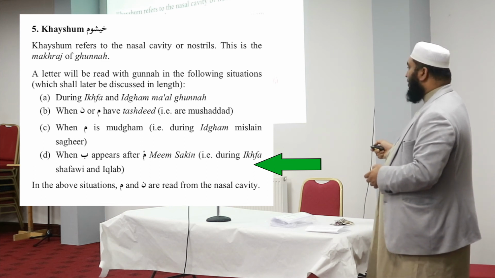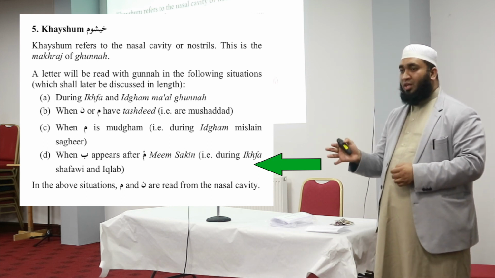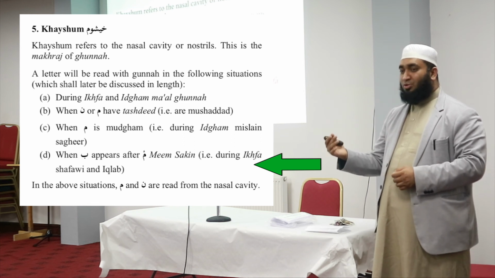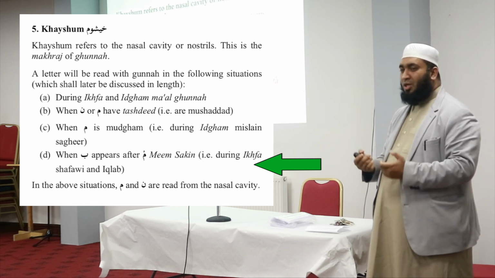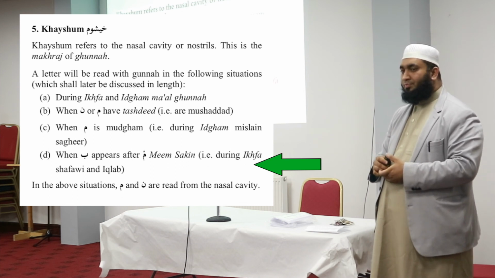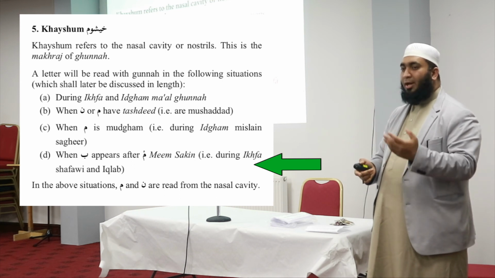Also in the condition of Iqlab, when Ba follows a Nun Sakin, we change the Nun Sakin into Mim. So it actually becomes Mim Sakin. For example, Mim Ba'd. It was Nun, we change the Nun into Mim and we say Mim Ba'd.